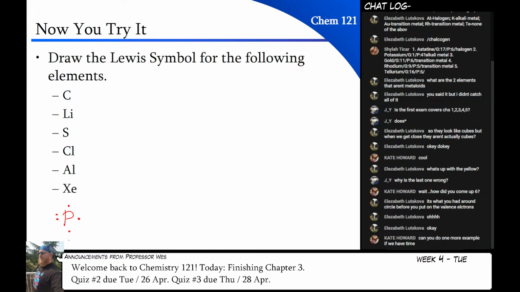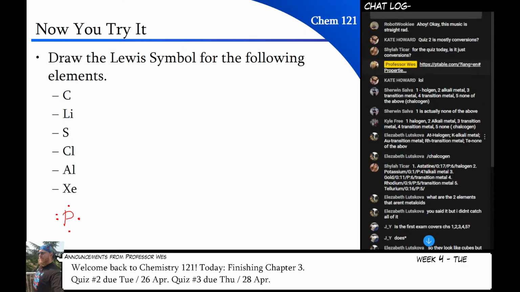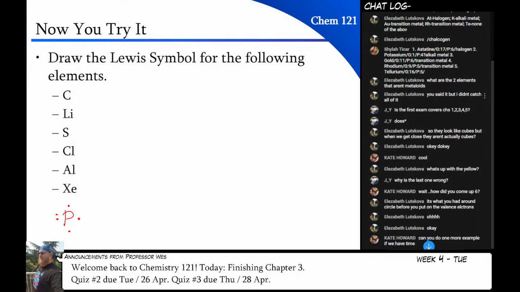So your job here: count all the valence electrons for each atom. Go to the periodic table, go to Ptable. The link should be up here in the chat. Let me find it. Yeah, it's right here if you scroll up to the top. Count the number of valence electrons that each element has by looking at what group it's in and taking the 1s digit. Carbon, for instance, is group 14. How many valence electrons is that?